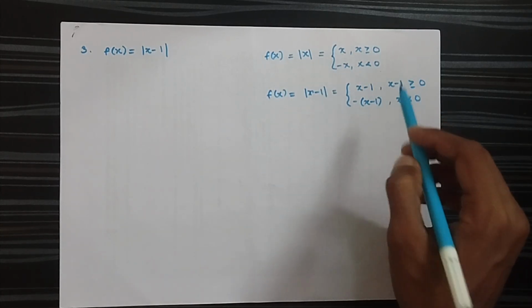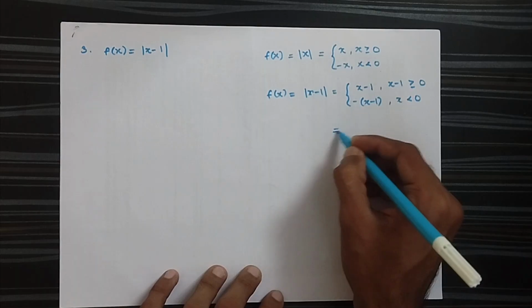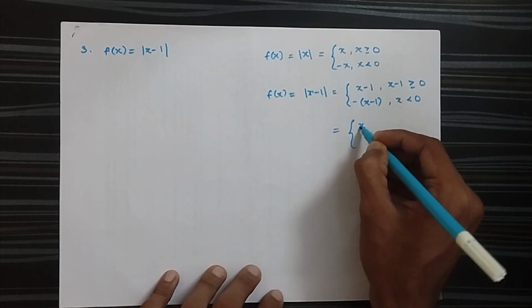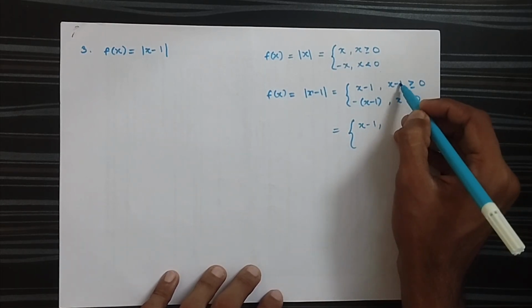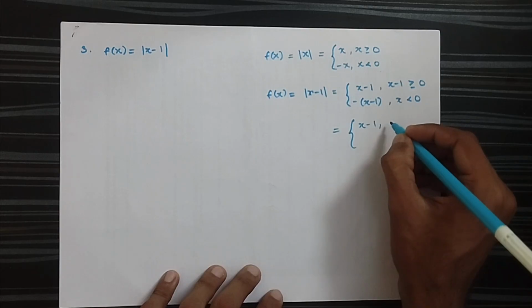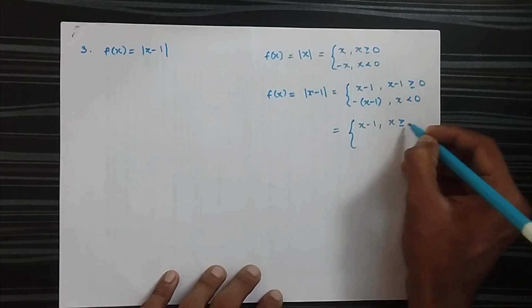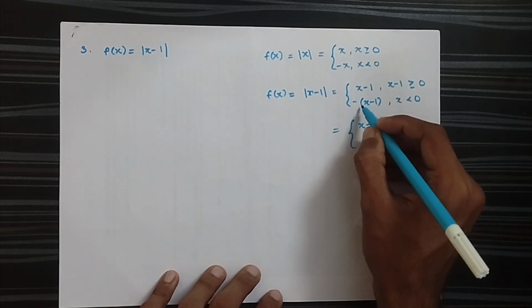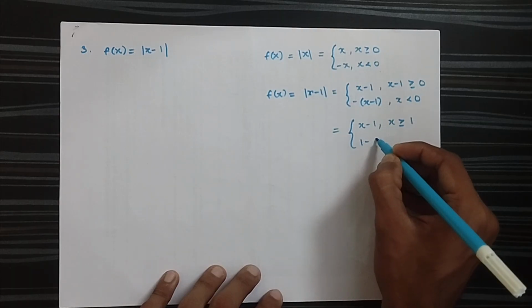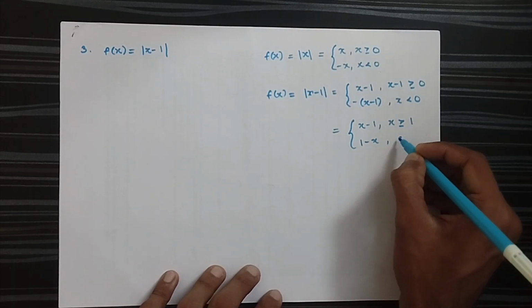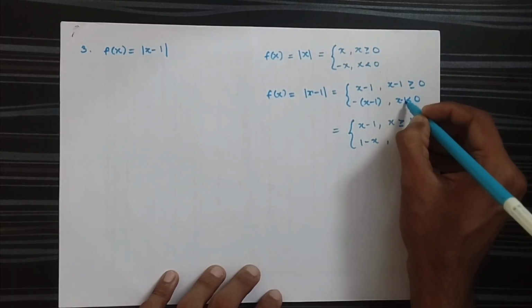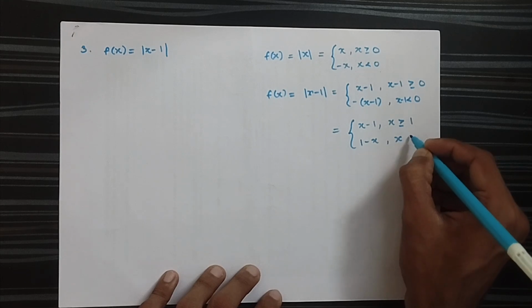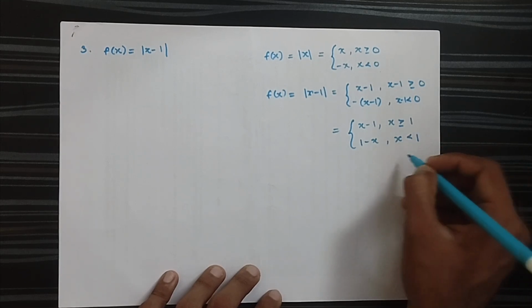We make sure to not forget the brackets. If we simplify this, bringing the minus 1 to the other side of the inequality, we get x greater than or equal to 1. And if we open this bracket, we get 1 minus x, with x less than 1.